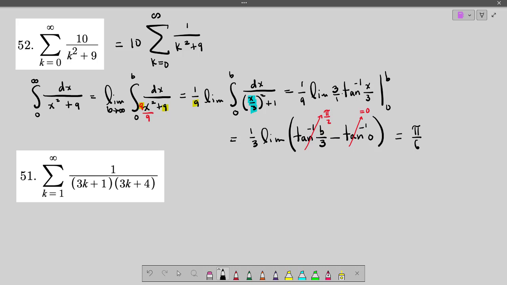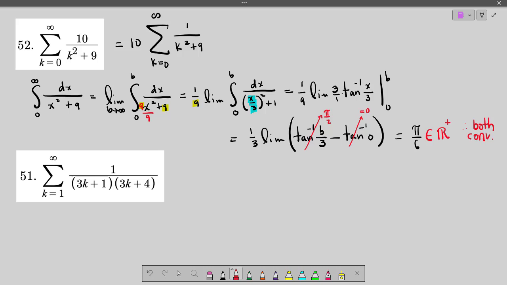This is a positive real number. Therefore, both converge. So as long as you get a positive real, that tells you the improper integral converges, and if the improper integral converges, that tells you the series converges.